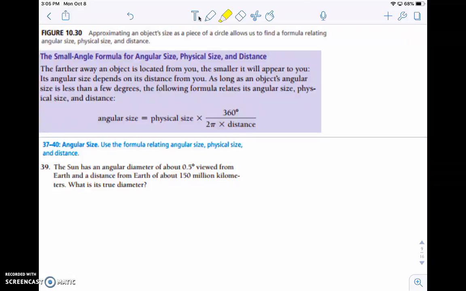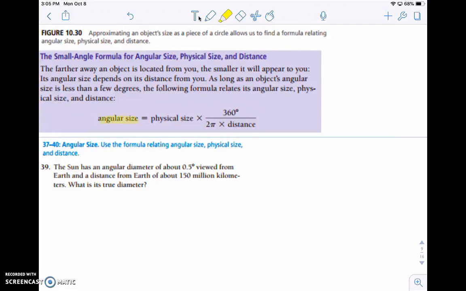As long as an object's angular size is less than a few degrees, the following formula relates its angular size, physical size, and distance. Again, those angular sizes are very small in degrees, and this is where getting down to degrees, minutes, and seconds can be helpful because we're dealing with small angles.